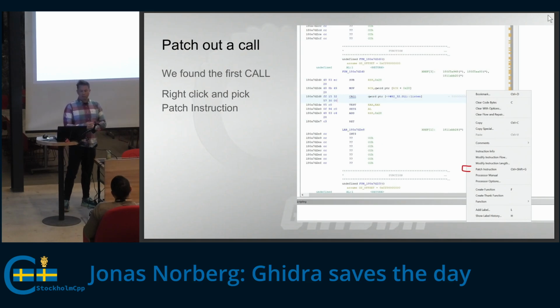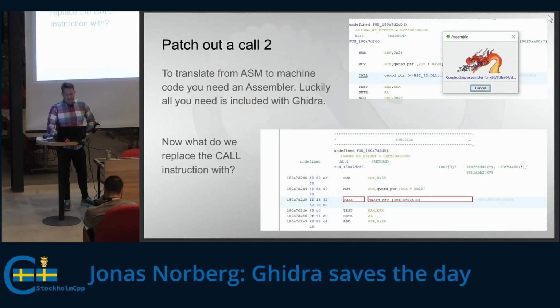So in Ghidra, you can just right-click on the line you want to change and do patch instruction. As you imagine, this talk will be pretty short because I'm just saying this is how you do it. But we'll see. That's why I added the little demo at the end. To do this, you need an assembler, and Ghidra has it.